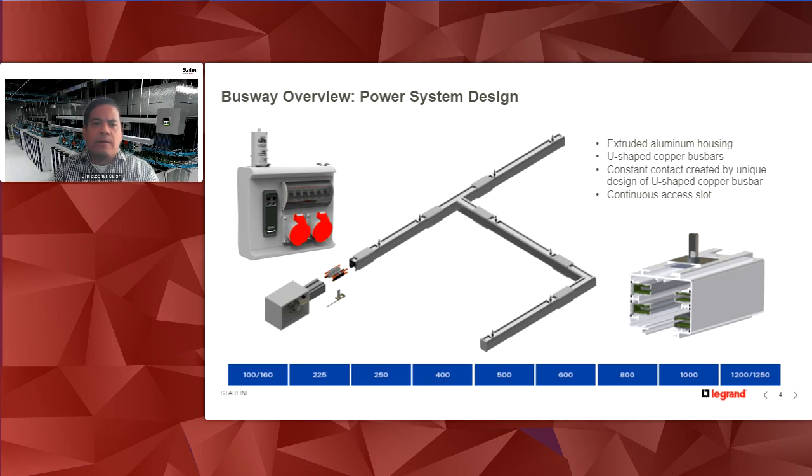The second thing to note is at the bottom of the screen, where you'll see our different amperages for the busway system. For this particular presentation, we start at 100 amp, but we do have lower amperage busway systems. We started at 100 because that's where we started to see data centers design in the busway system, again, more than a decade ago. So we started in that 100 amp and 225 amp space that was sufficient for that time.